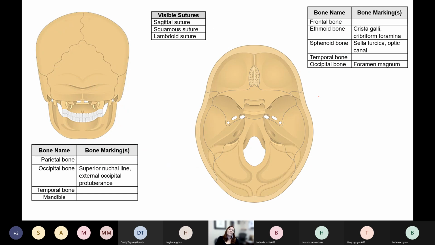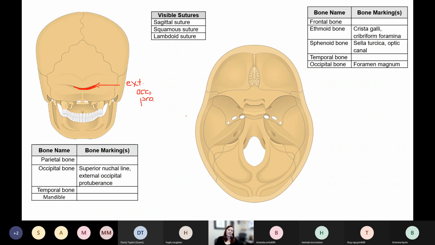So let's go to a back view of the skull. On the back side of the skull, you can see this big pointy thing that sticks out. This is called the external occipital protuberance.